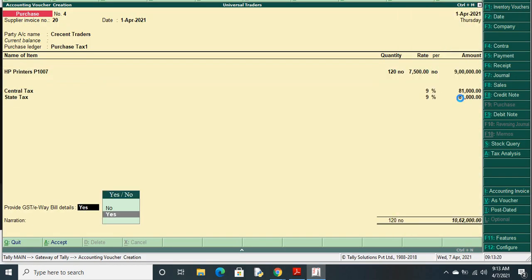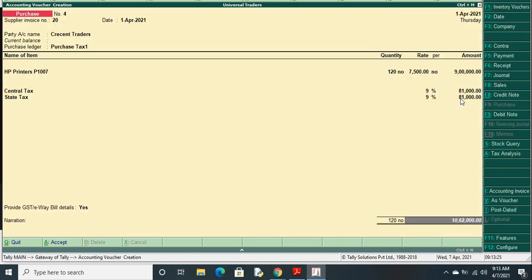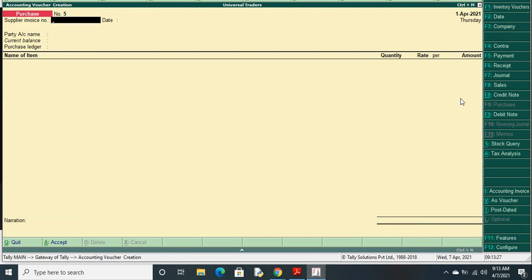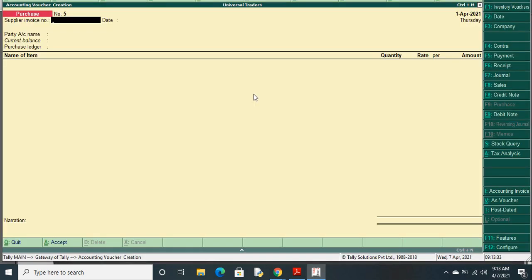We are done with the purchase voucher. Next, we have to record this advance receipt. In the last class, the advance receipt option was not available, but today I'll show you how to activate it.